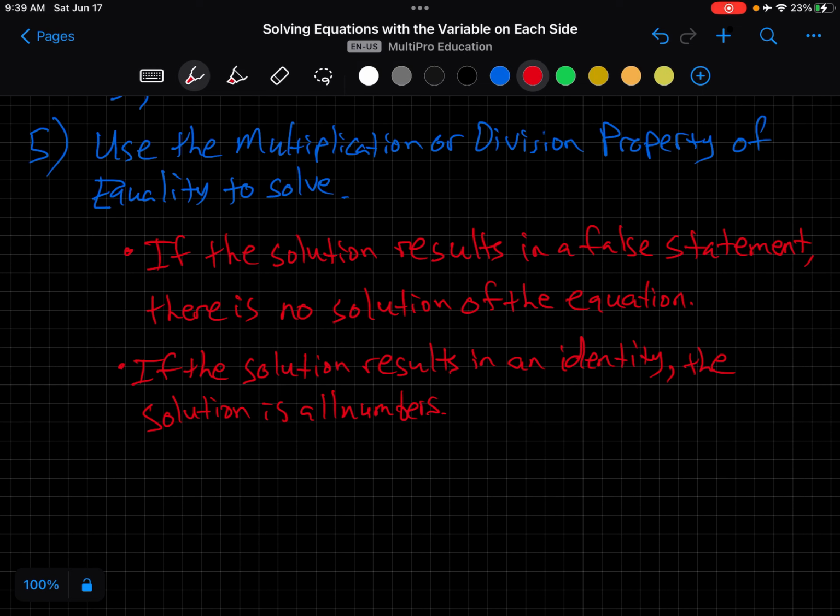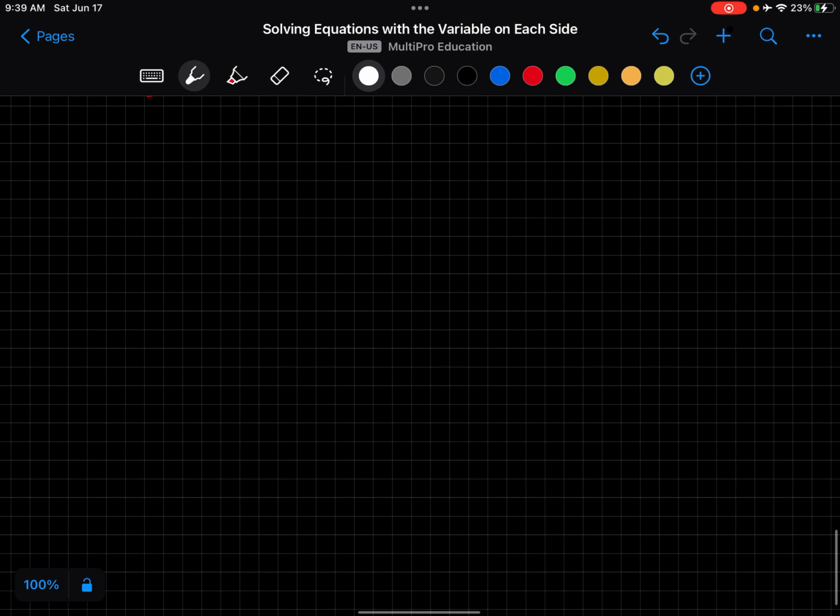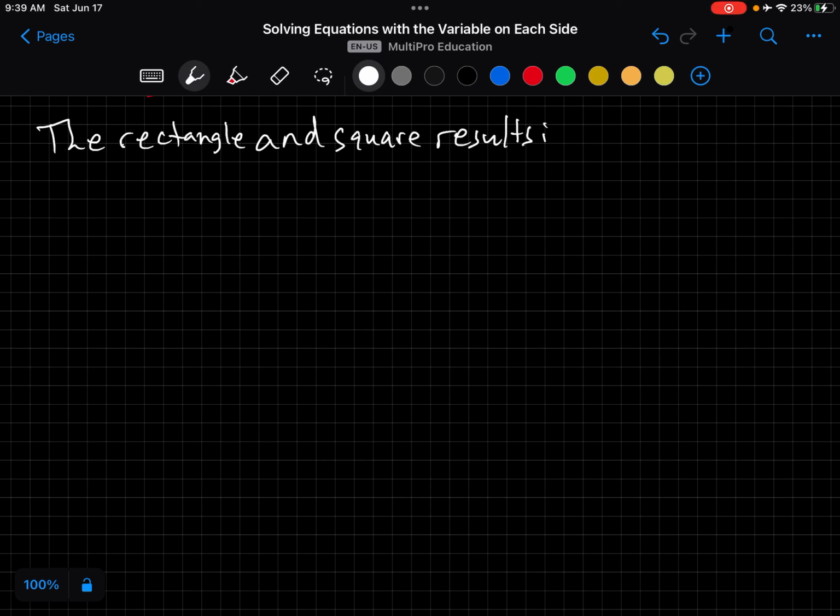Oh my goodness. Alright, now let's look at a problem here. And this will be our last problem of the day. Alright, so the rectangle and square results in, sorry, I was looking at my notes and I copied down the wrong sentence here.